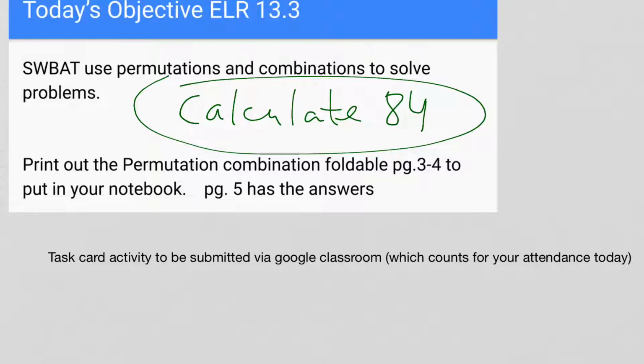So today we're going to be talking about what's the difference between a permutation and a combination. Before you get started for today, there is something to print out called a permutation combination foldable. If I was in school, I would have printed it out on a specific color and have you fold it and put it in your book.